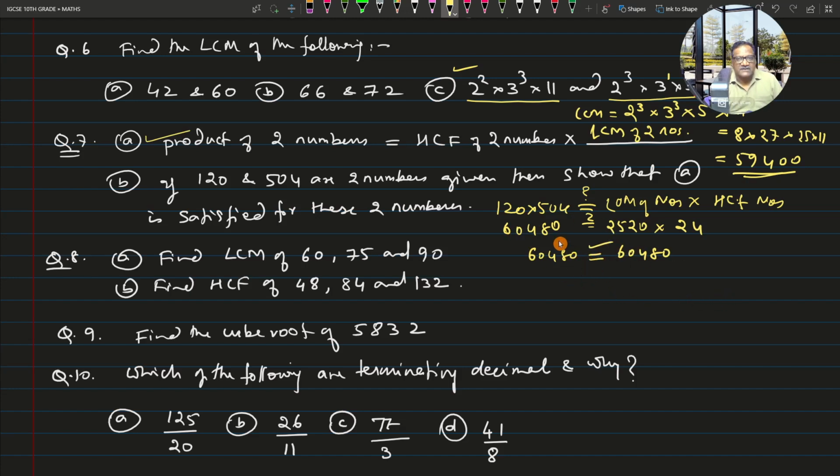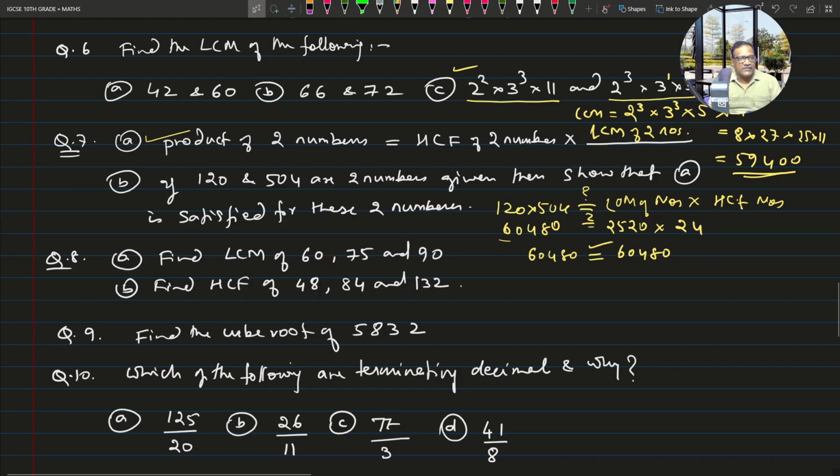So you can see that finding the product of the two numbers, I'm getting 60480, and finding the product of their LCM and HCF, that is 2520 and 24, again I'm getting 60480. That means this particular law, that the product of two numbers is equal to the HCF of the two numbers times the LCM of the two numbers, is true. It works. Okay. So question number 7 is done with.